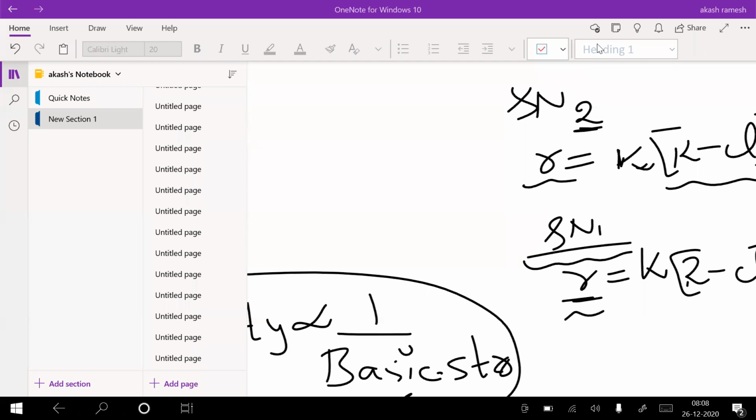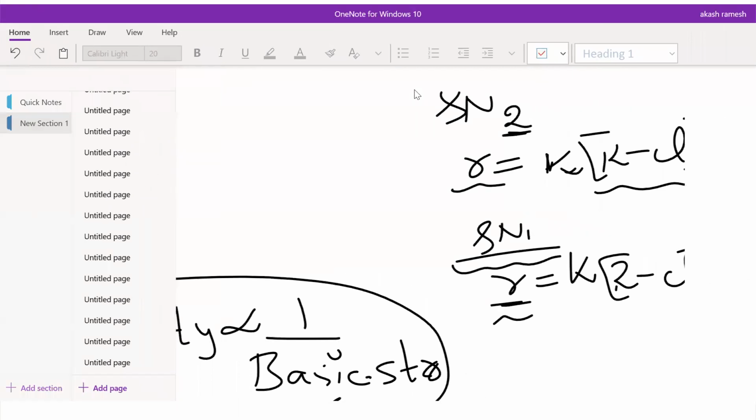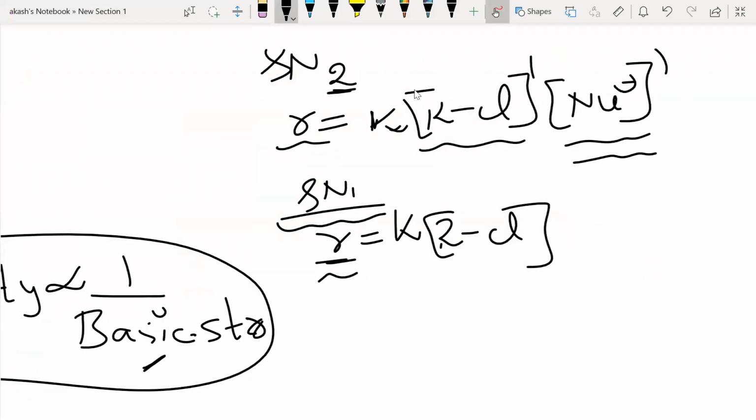What do you mean by no? That means they're telling that leaving capacity will not affect. Yes, sir. Okay, fine.